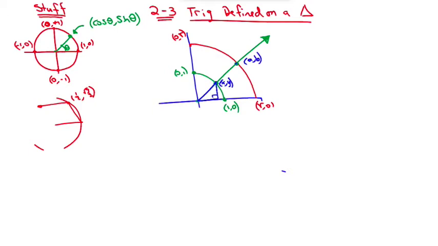So what's the length of the base of that blue triangle? To get to x, y, how far to the right do I have to go? x. And how far up? y. So this side is x, this side is y. What's the length of the hypotenuse? 1, because it's on a unit circle.